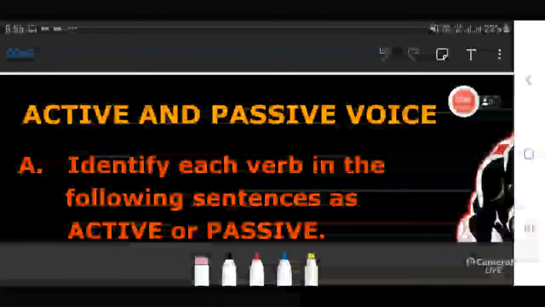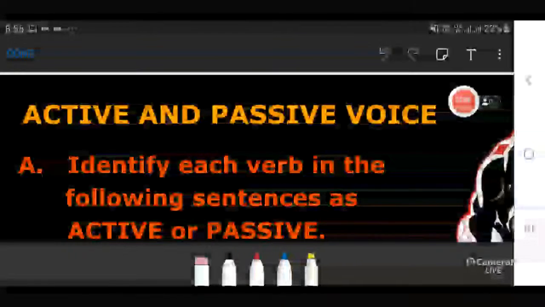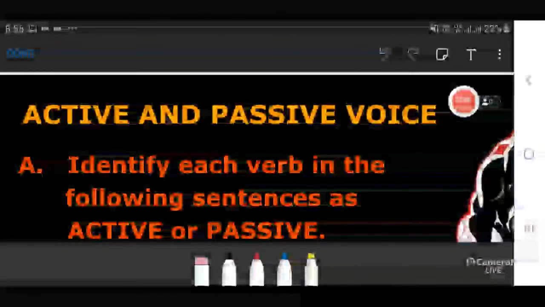So who will read now? Naman, you can read now. Go through for reading. Yes, what is written there? Identify the following sentence as active or passive.